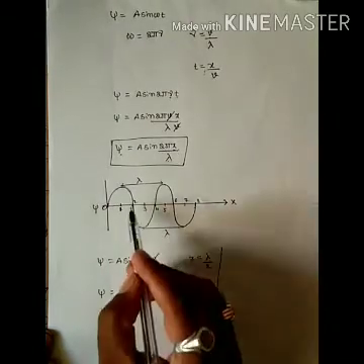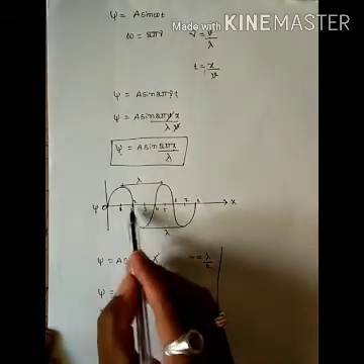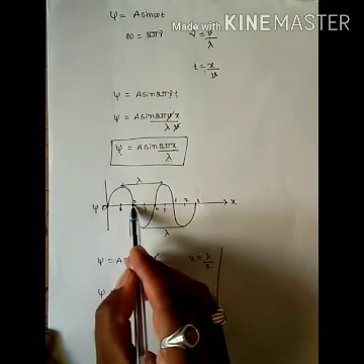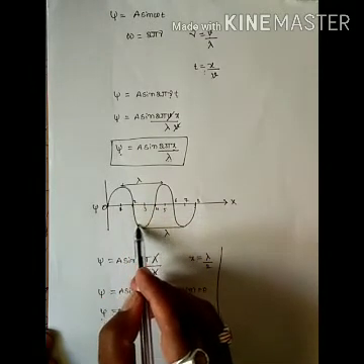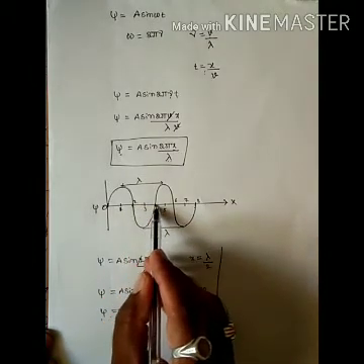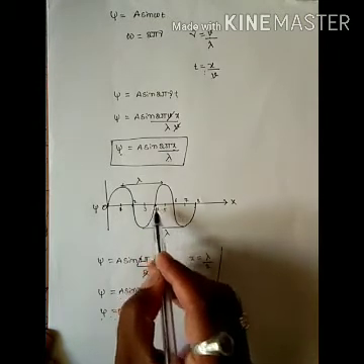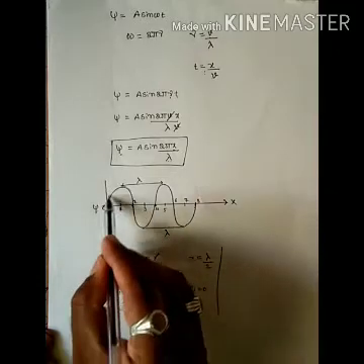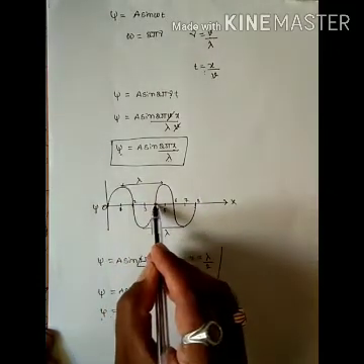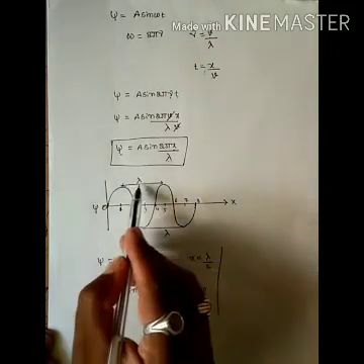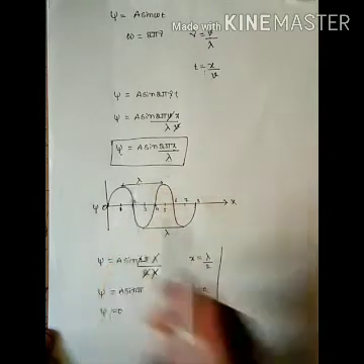Similarly, if you consider the second part of the wave, the wave continues from here and moves and comes over here, and this is the position right now, where the magnitude of the position is 4. That means it gives a complete wave, so the position gives the value of its wavelength.